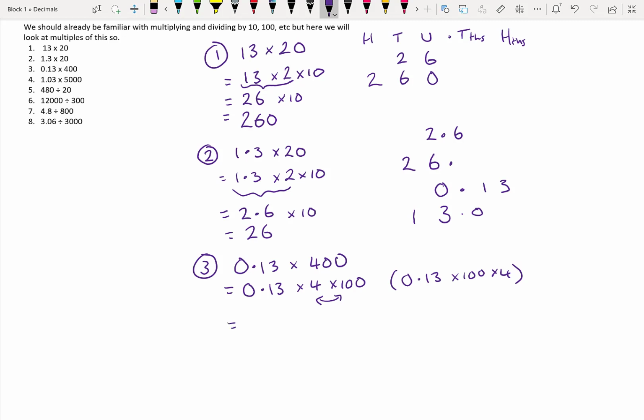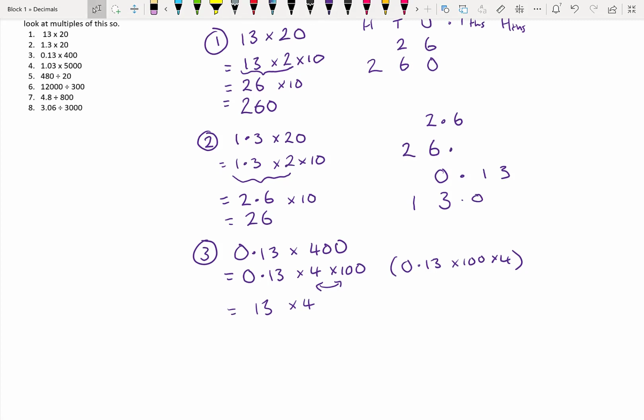So far then, I've got 13, and I need to do 13 multiplied by 4. That's an easy enough one to do. I think it's a little bit nicer to multiply 13 than 0.13, but it doesn't matter, it's entirely up to you. If you need to set it out like that, then you can do that. But 13 multiplied by 4 is 52. Double it to 26, double it again, 52. So that is our answer to that one.